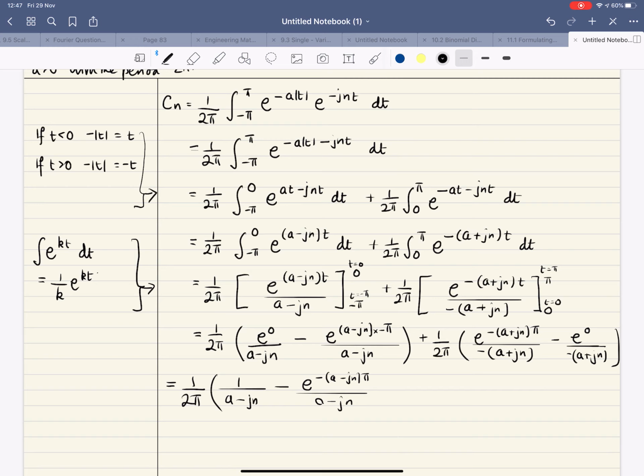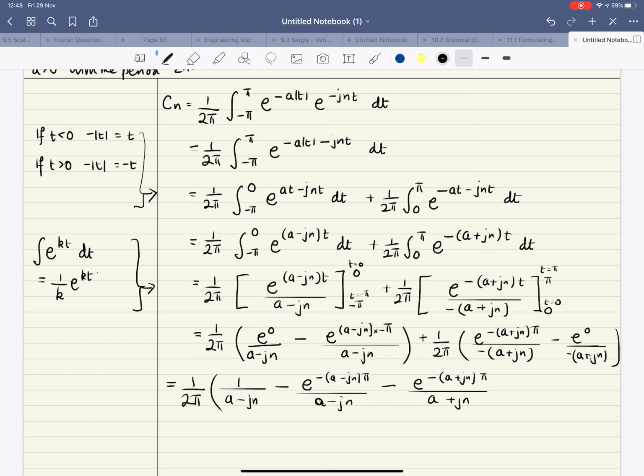And then this is going to be, right, the minus that's down here I'm going to put up there, because I think it will be nicer up there. So it's minus e to the minus a plus jn pi, all divided by a plus jn.